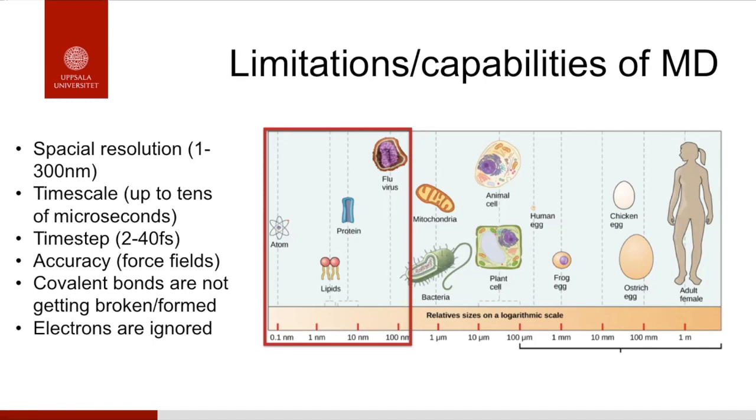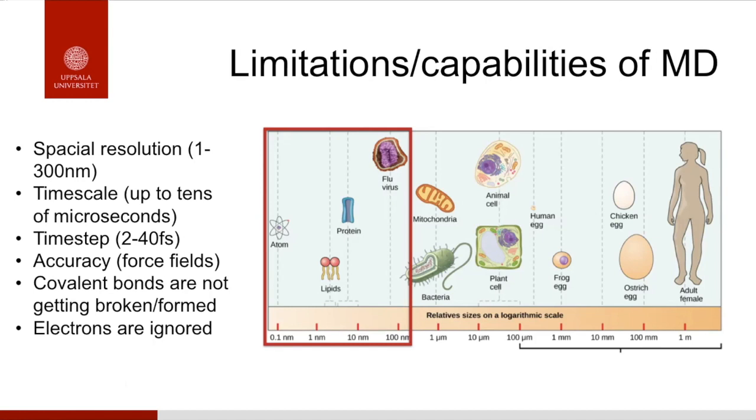At higher levels, if we cross to coarse grain, of course, it would be a bit different. The force fields themselves, which I will cover more specifically, are not perfectly accurate, covalent bonds are not really broken or formed during the simulation, and electrons are ignored. For that, we would need a quantum mechanics calculation, that is, QM simulations.